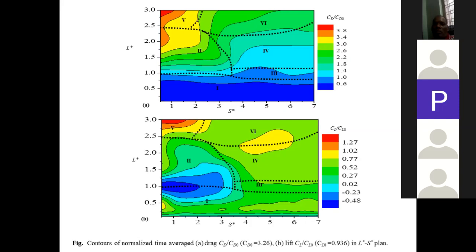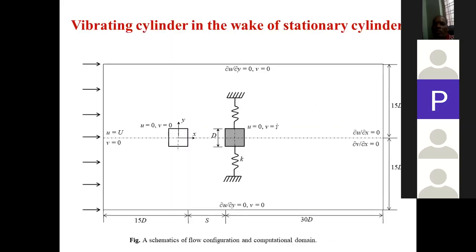Now I will tell you one last example here. Suppose there are two cylinders, and this downstream cylinder is allowed to vibrate only in one direction, but this upstream cylinder is fixed. Now, what we are interested in seeing is the effect of this cylinder on the vibration of this one. Why am I talking about the vibration of this cylinder?